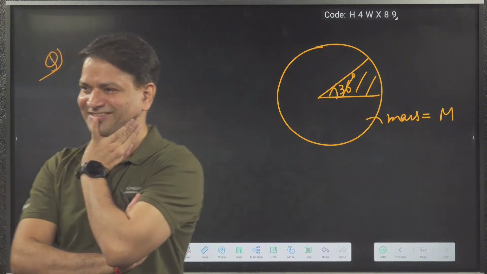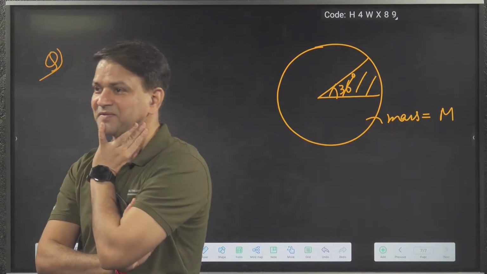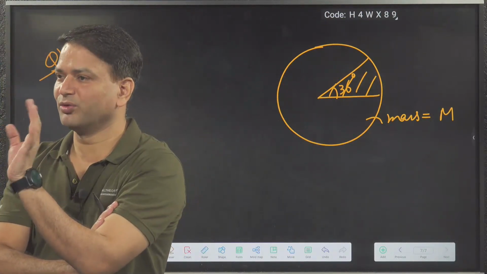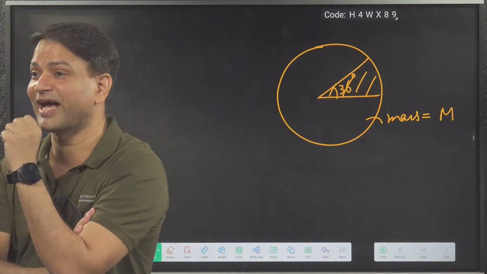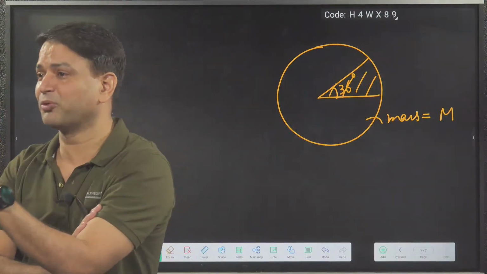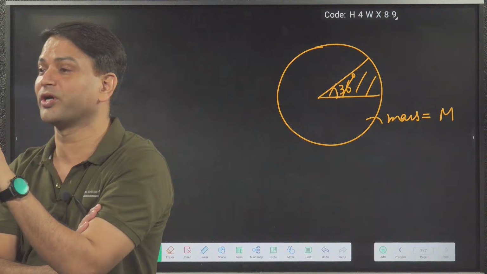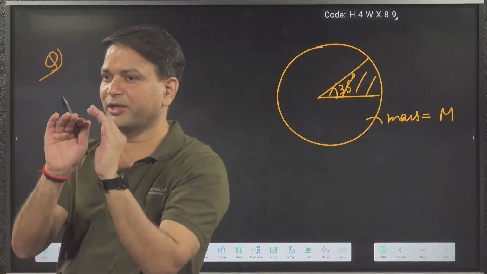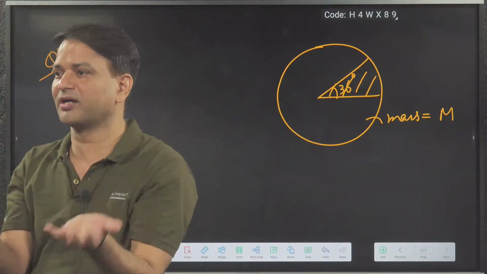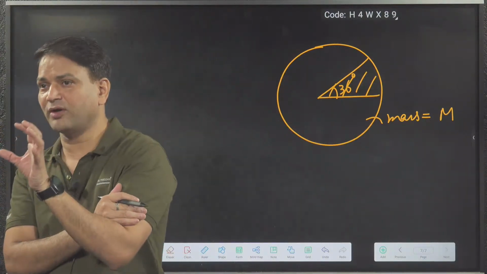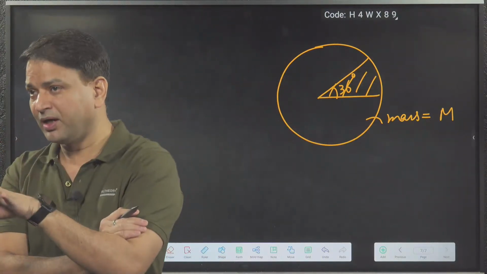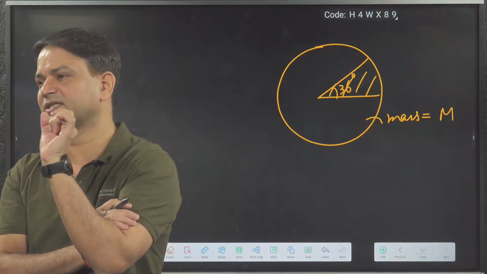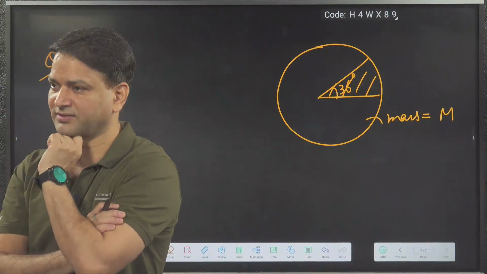I am not asking what 36 degrees is equal to in radian. I am not asking to convert 36 degree into radian. Listen to the question. I have one pizza. Everybody knows the shape of the pizza, it is circular, like a disc. The mass of the complete pizza I gave as M. Now I am cutting one slice that is making an angle of 36 degree. What is the mass of that slice?